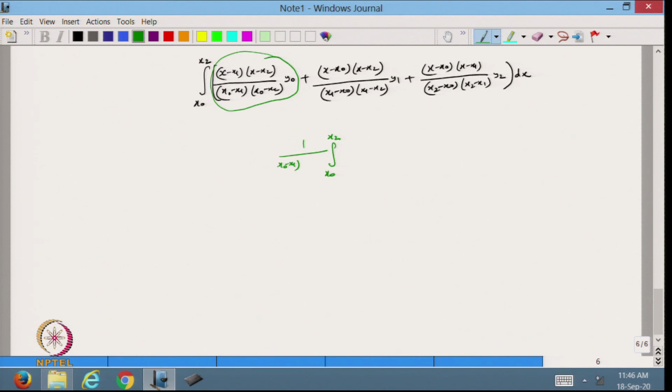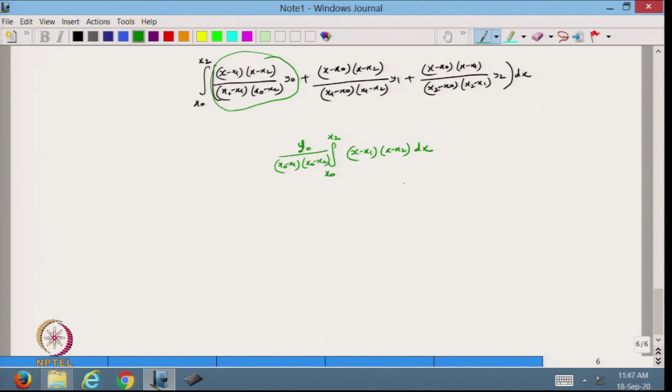So, x0 minus x1 and x0 minus x2, this part I can take common, no problem. Inside I will get, and y0 also I can take common, y0, the integral of x minus x1 times x minus x2, dx. So, this one value I want to find out.